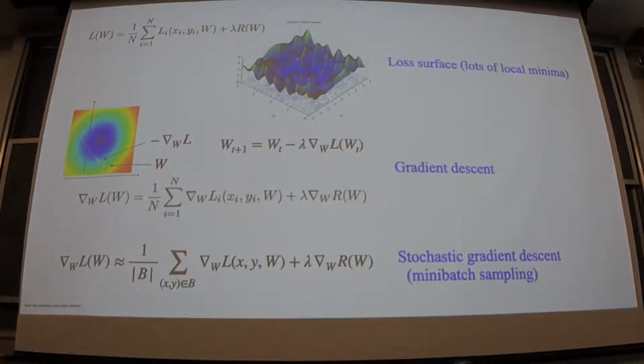Questions so far? Yeah, I think stochastic gradient descent is done for every single example, but mini-batch is different from stochastic gradient descent. Or am I missing something? Because from what I know, stochastic gradient descent is done for every single training example, and mini-batch is a set of training examples. Mini-batch is basically a trade-off between stochastic and the full loss of data. So, I'm not really sure what you're getting at.